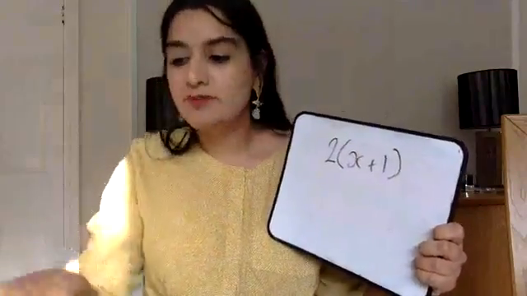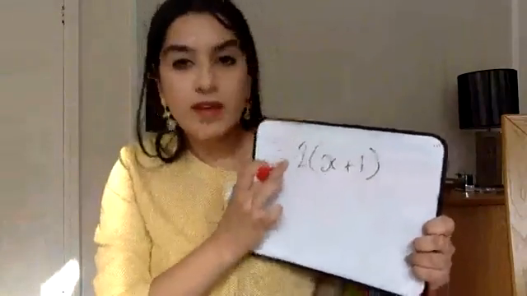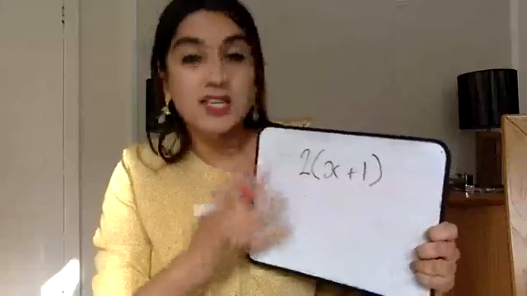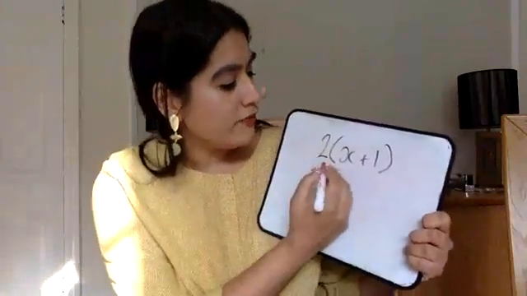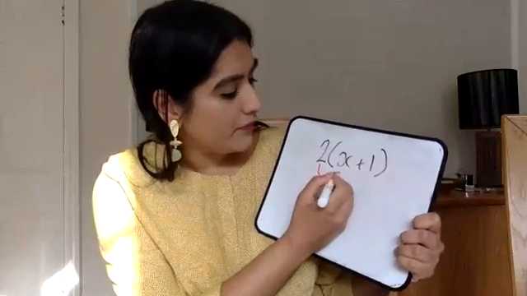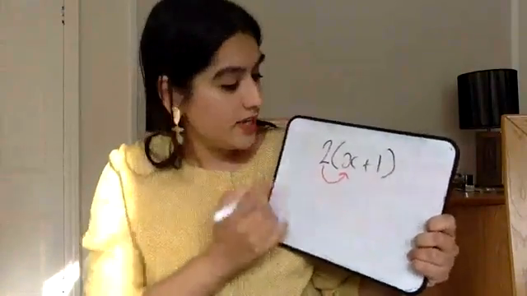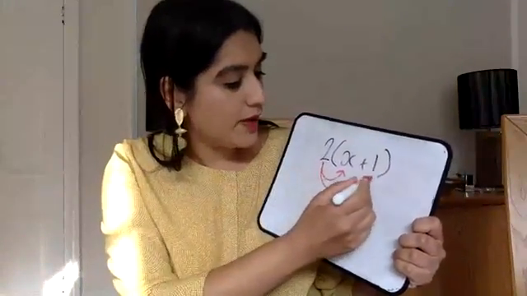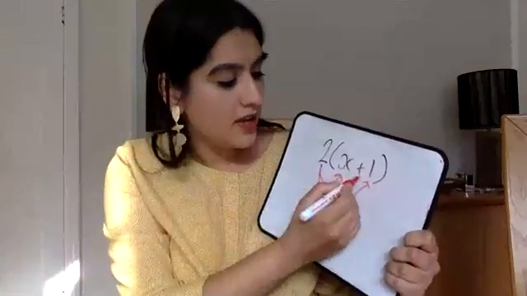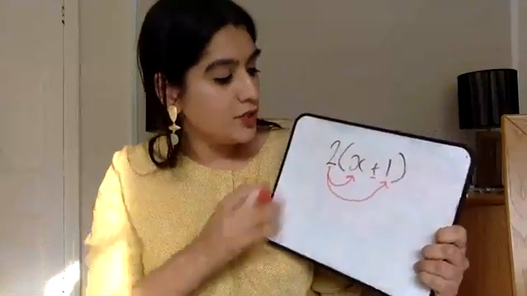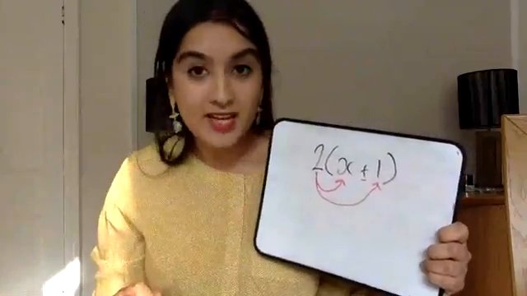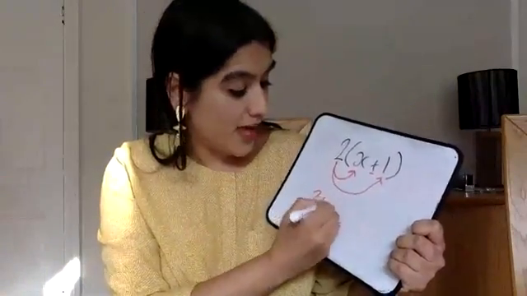Now to do that, we have this number right on the outside of the brackets. And what that's saying is it's giving us an idea of multiplication. So when we want to do this, we first of all multiply with the first part of the brackets, and then multiply with the second part of the brackets, and remember our operating symbol at the end. So 2 multiplied by x is actually 2x.